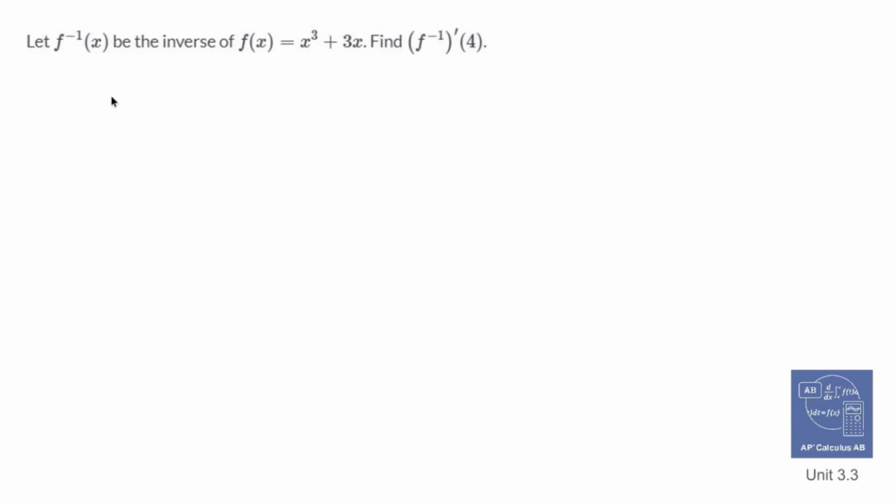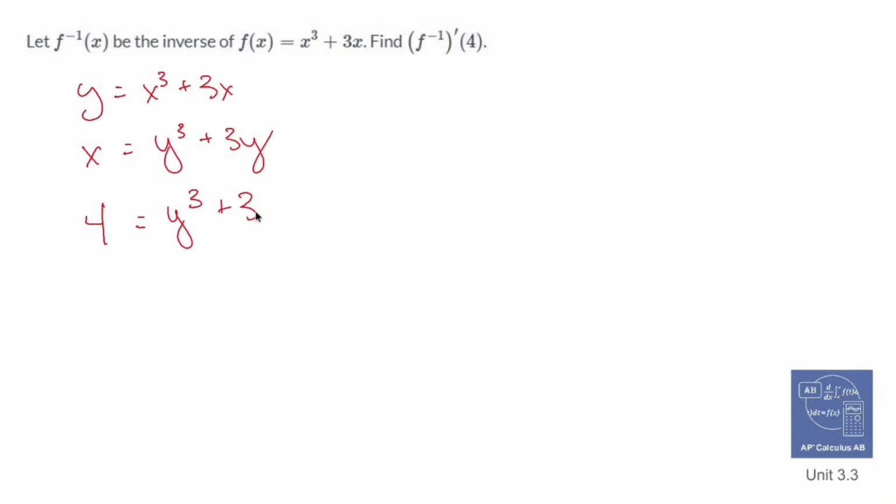So why don't I do the old switcheroo, call it y equals x cubed plus 3x. Switch them like that. Make it 4. And it looks like, without having to do any math, if y was 1, I'd get 4. So y equals 1 is going to actually be a possible option for me. So I'm going to stick with that.